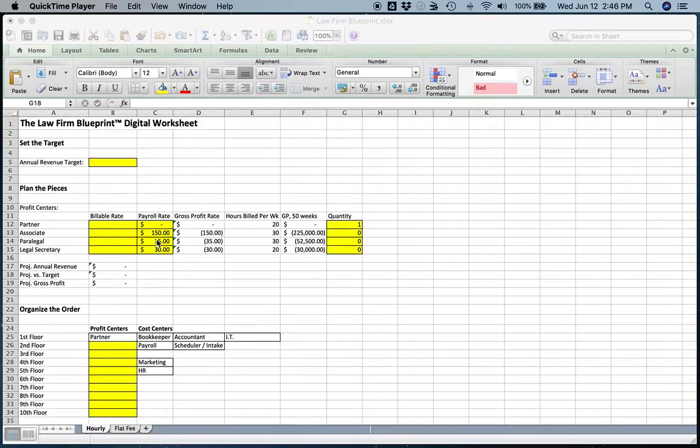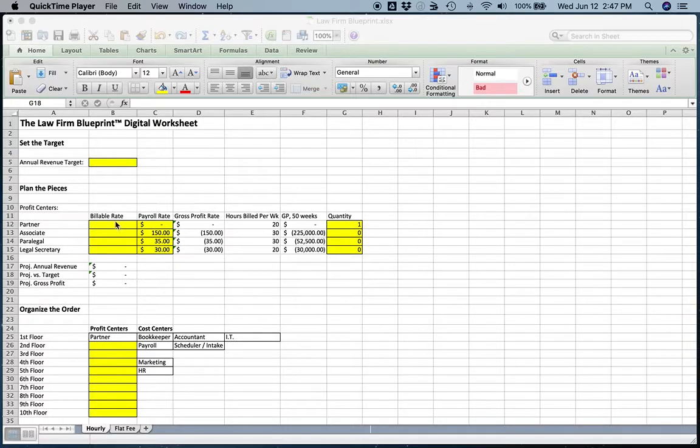What I usually do is I mark it up by a bit if they're getting benefits. So the associate's not getting paid 150 bucks an hour if you just take their salary and annualize it, but by the time you factor in payroll taxes and benefits and stuff, it gets up to about that. Unlike the legal secretary who may not be getting benefits, and so it's pretty much 30 bucks an hour straight up.